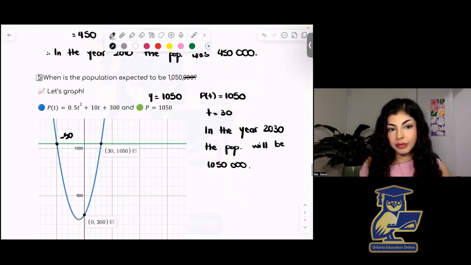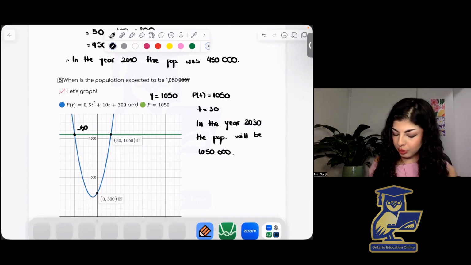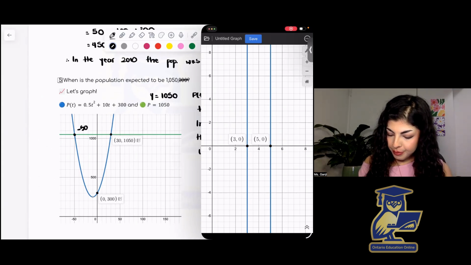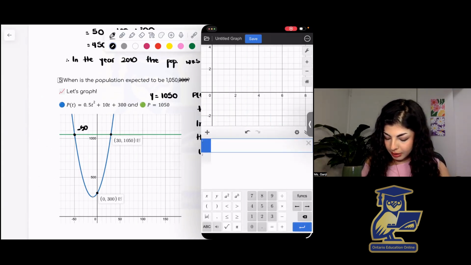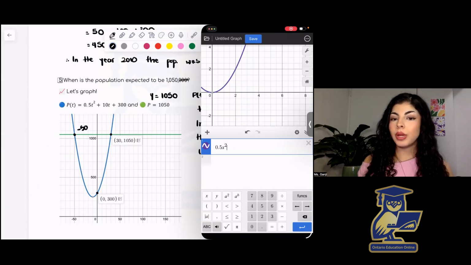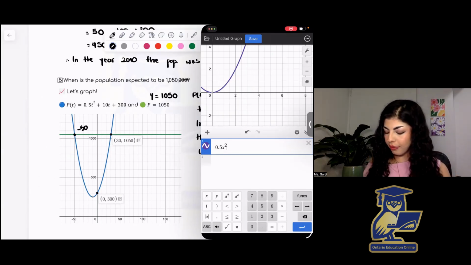You would have achieved this also if you set the two equations to be equal. So I'll briefly show you that here. So let's write 0.5. And with Desmos, because it is based with x, whenever you see t values, just convert them to x for the graphing purpose.